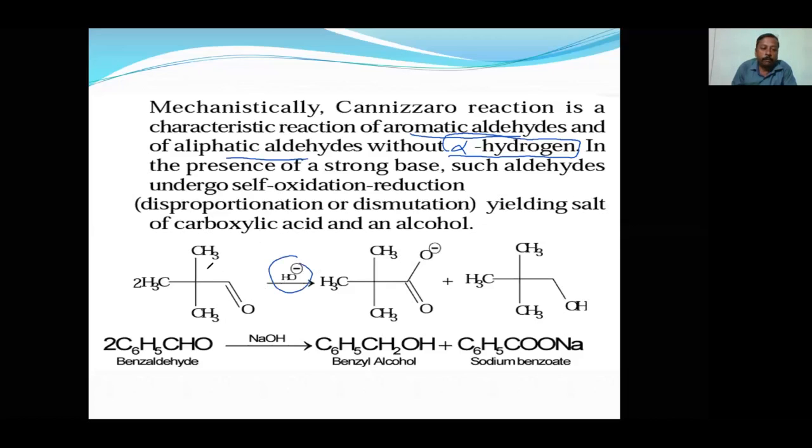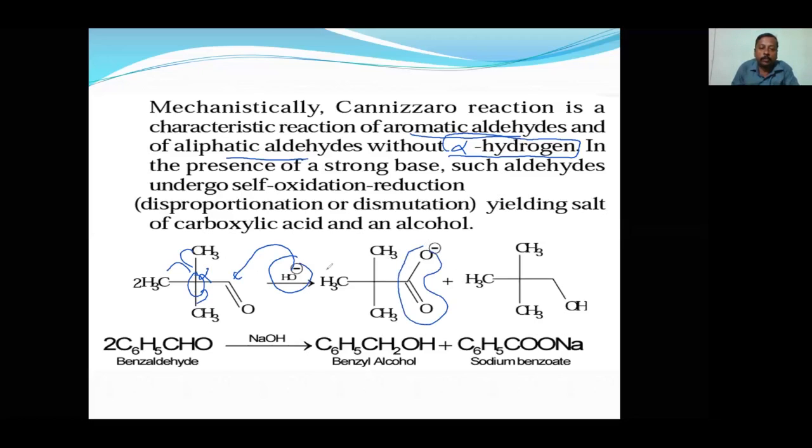See, here the alpha carbon is there, but there is no hydrogen. It is carbon, this is carbon, this is carbon. So in presence of OH minus, it cannot take out the alpha hydrogen. So obviously what will it do? This oxygen will go and attach itself here. Then this will form a carboxylic acid.